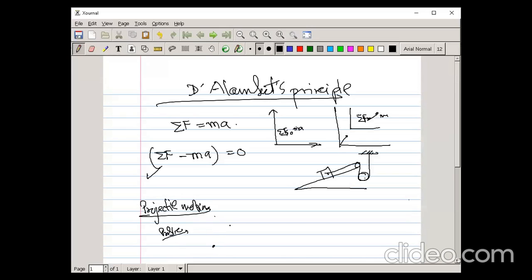Before starting the numerical problem, can anyone tell me, have I discussed the basics of projectile motion? What is the formula for finding the distance and height in projectile motion? What I remember, I have discussed it, but I just want to make sure. That is, the range of flight, the time of flight, and the height. Please reply. Hello.